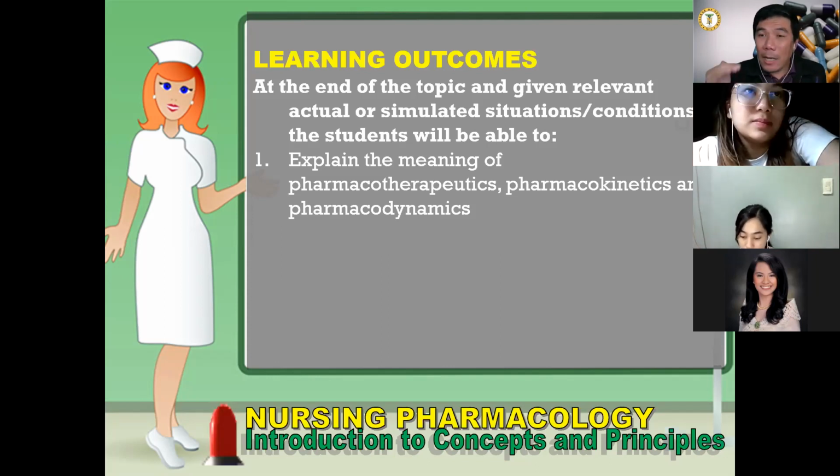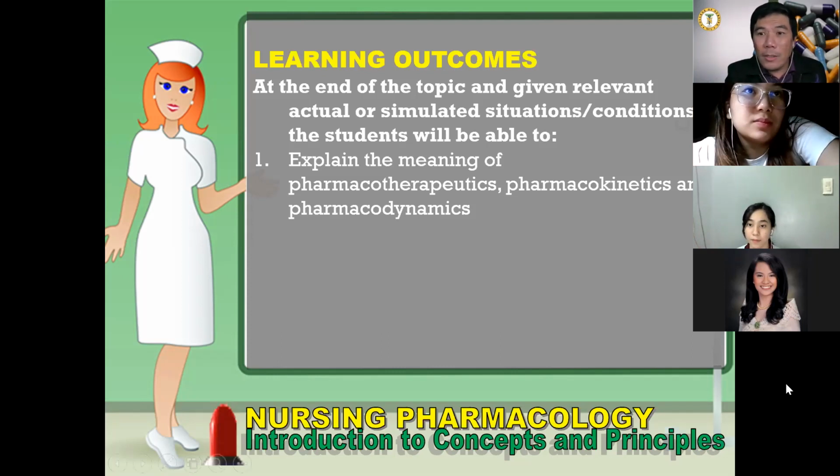Why? Because class, if you observe an adverse reaction as an untoward effect of the drug, it is starting to have harm to the body of the patient. There could be a possibility that it goes into that situation, right?